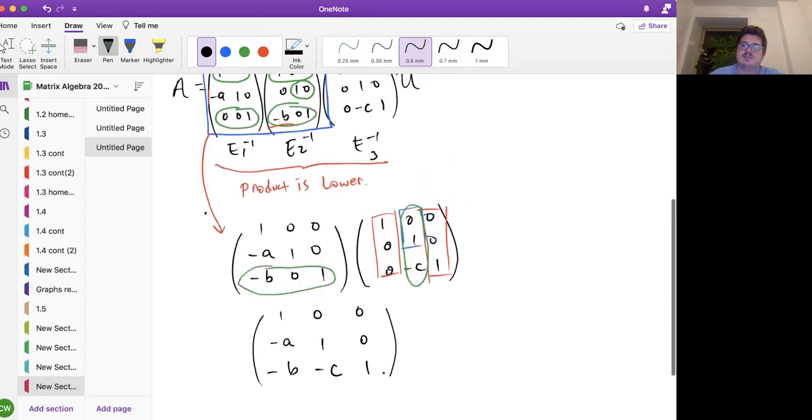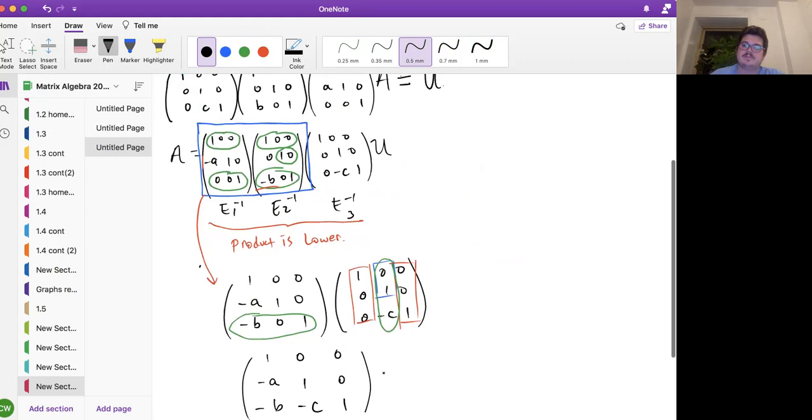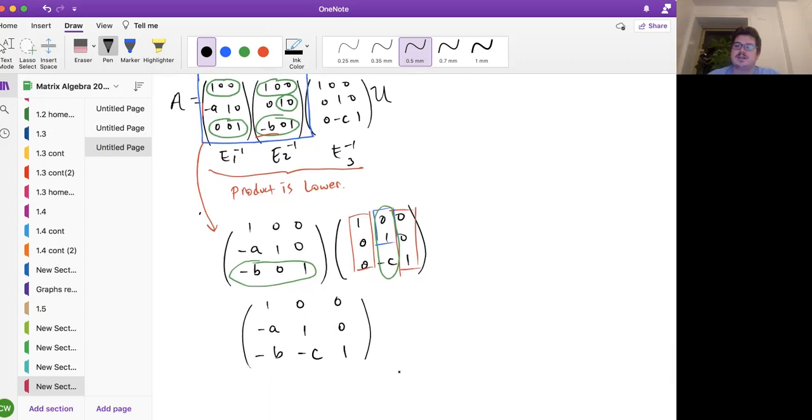So do you see what the trick is? If you only use type 3 operations, well, look at this product. That's very easy.